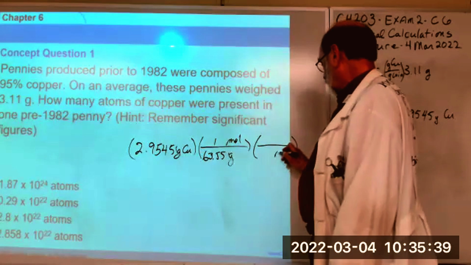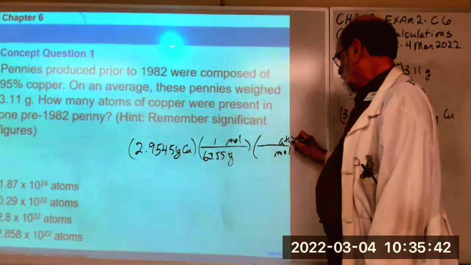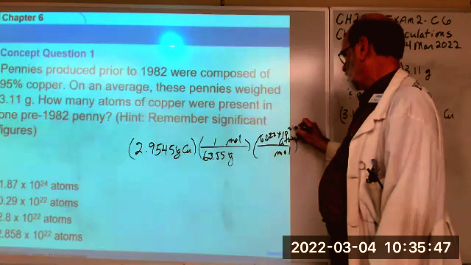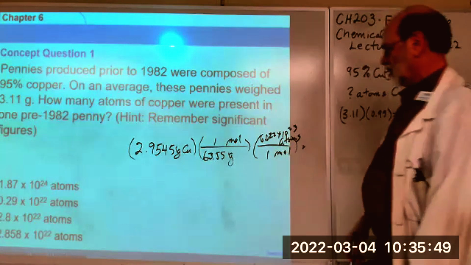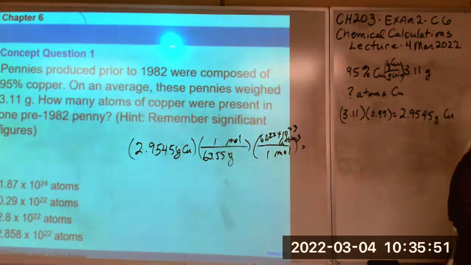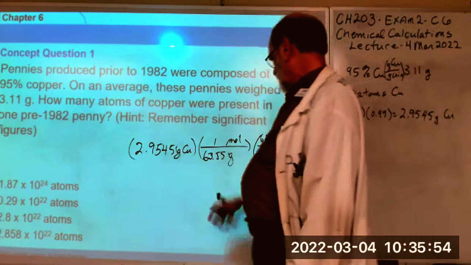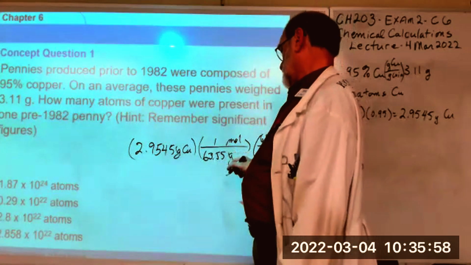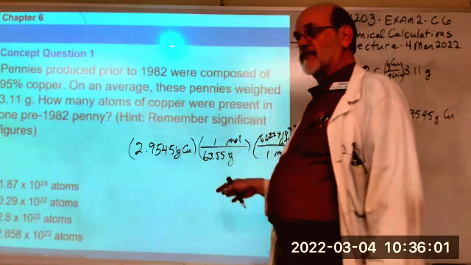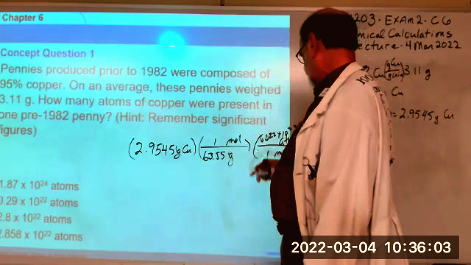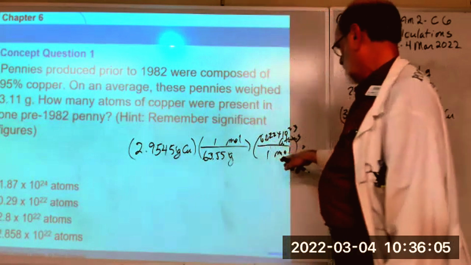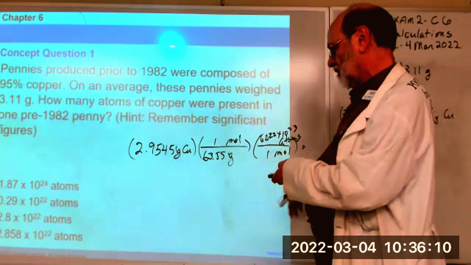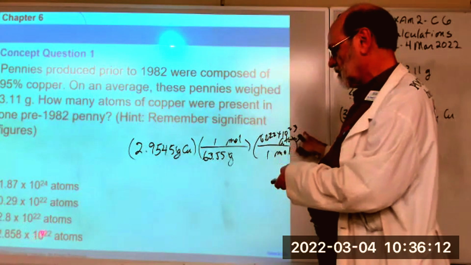And then we can convert moles to atoms. 6.022 times 10 to the 23rd. There we go. So let's see if I can estimate. 3 divided by 60 is 1 over 20. What's 1/20? 0.05. Times 6. It's probably 22.